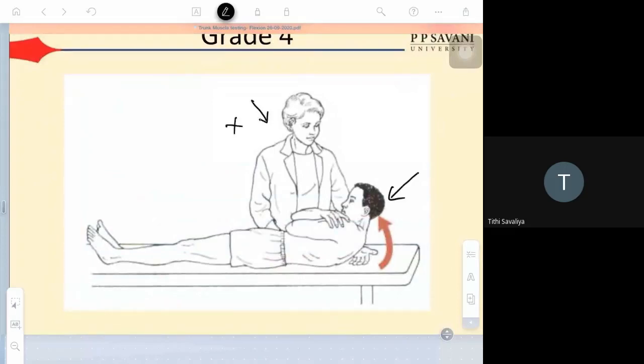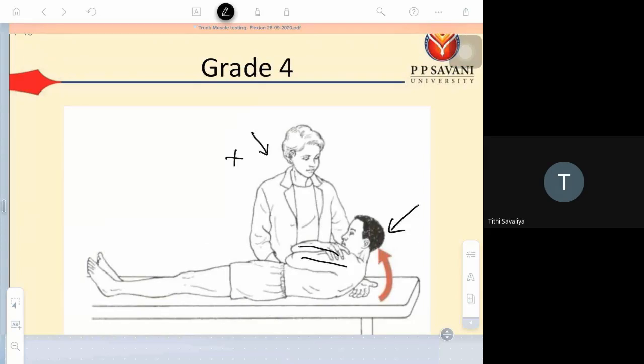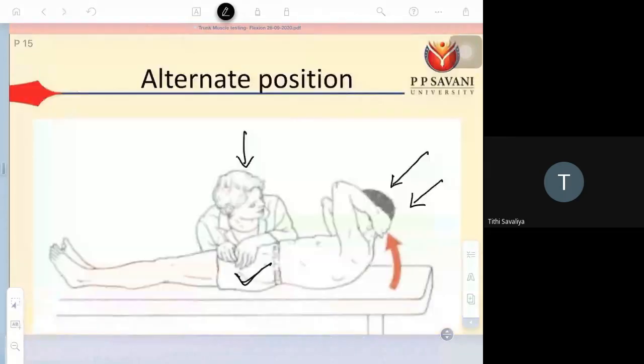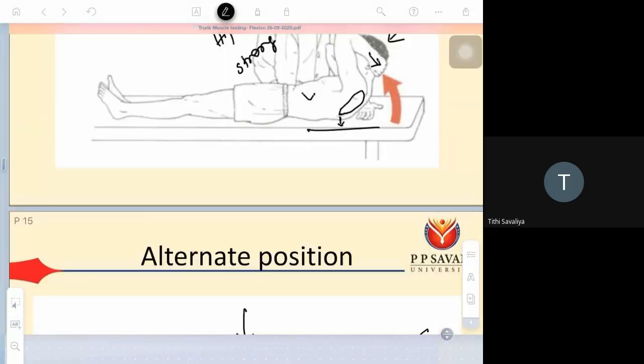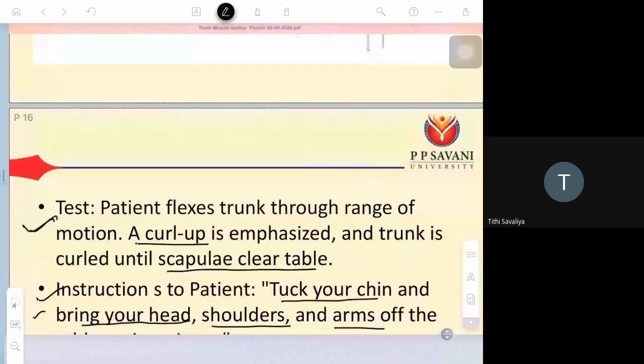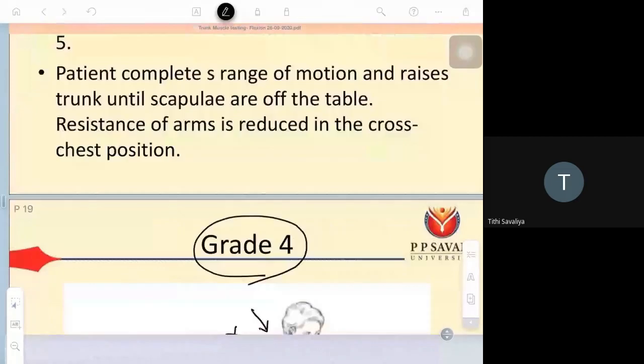See, the hands are crossed. Hands are crossed in grade 4. In grade 5, hands clasped behind the head. This is grade 5 position. But in grade 4, you will cross the arms.